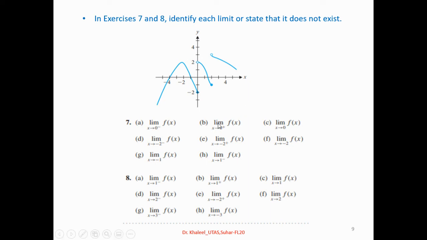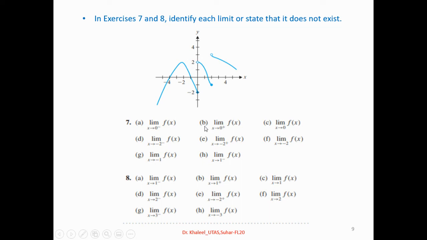Let us consider the limit of f(x) as x tends to 0 plus. That means I am coming from the right side. So 0 is here, I come from the right side. I follow this graph, and it ends at 2. Therefore, the limit of f(x) as x tends to 0 plus is 2.